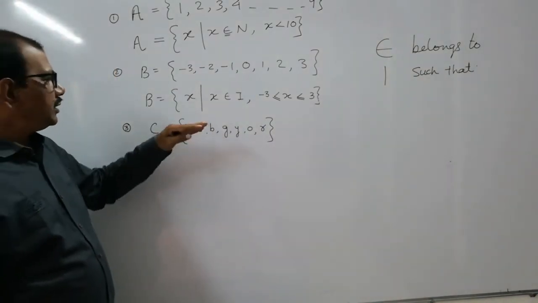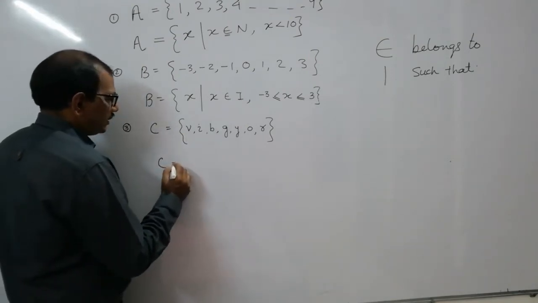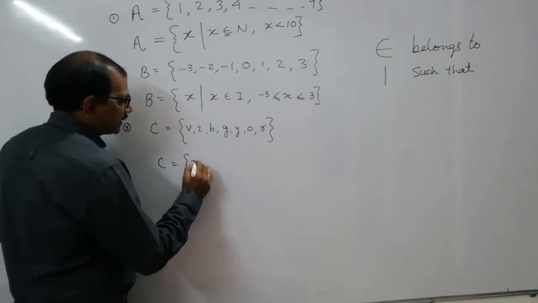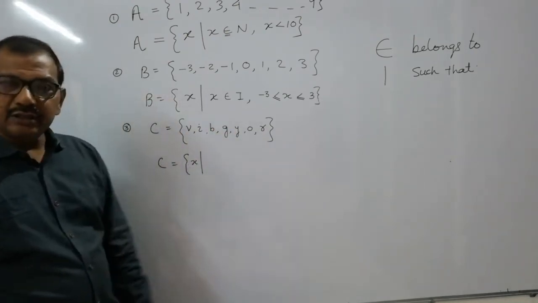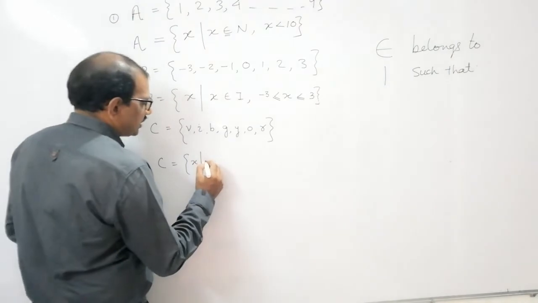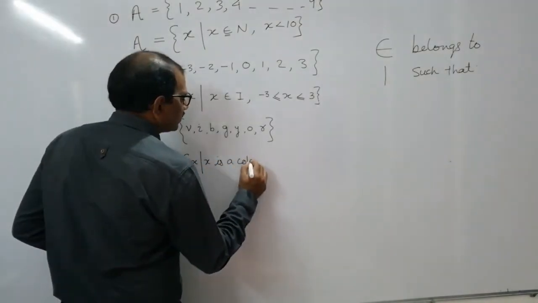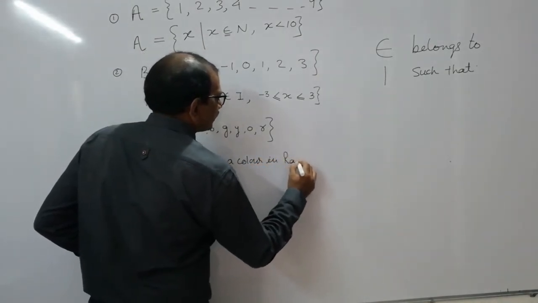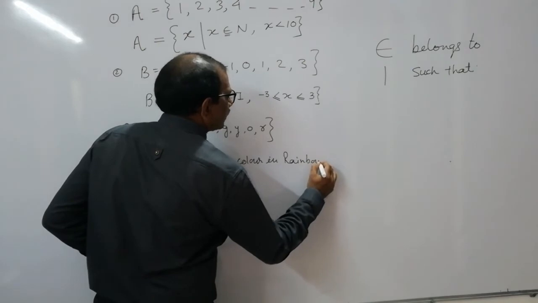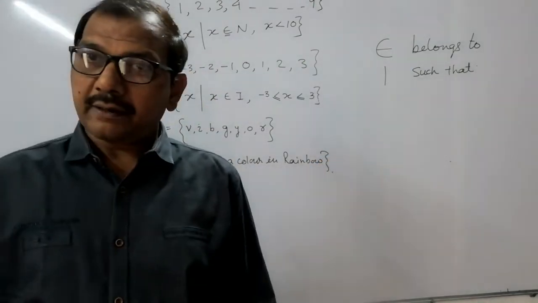Write the same using set builder. So what I'll do is that C is set of all x such that. Now who is x? X is a color in this, you know? So I'll write it here in words. X is a color in the rainbow. Right? समझ में आ रहा है, right?